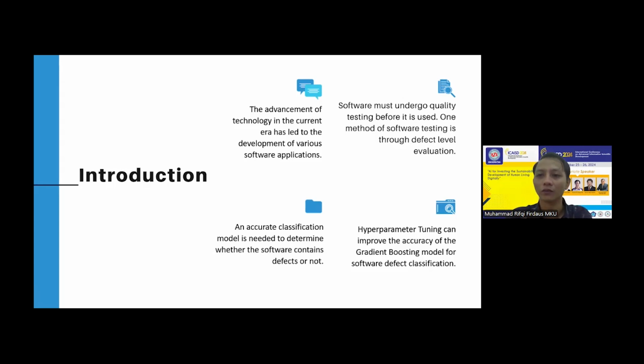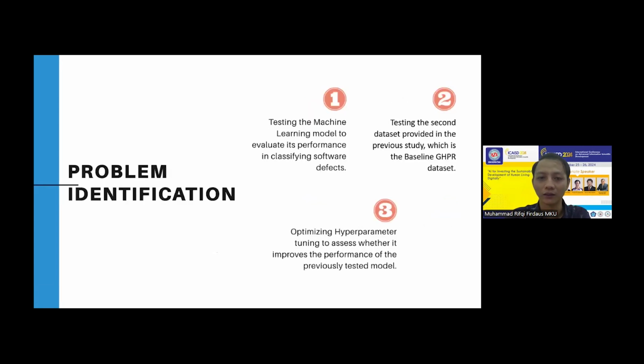One method of software testing is through defect level evaluation. An accurate classification model is needed to determine whether the software contains defects or not. Hyperparameter tuning can improve the accuracy of the gradient boosting model for software defect classification.